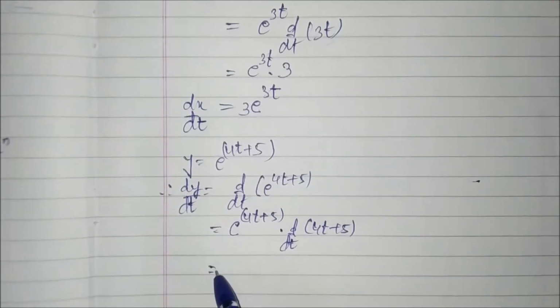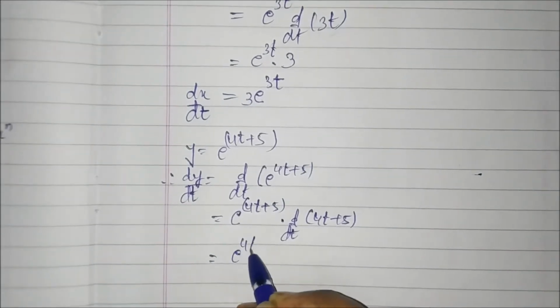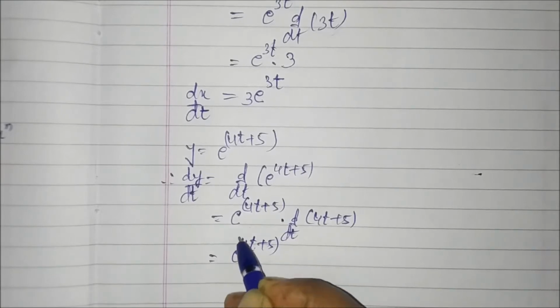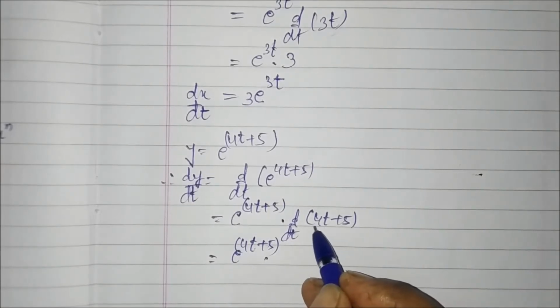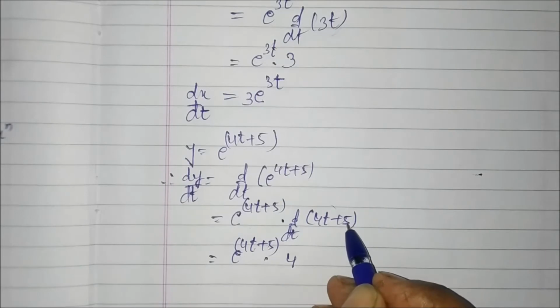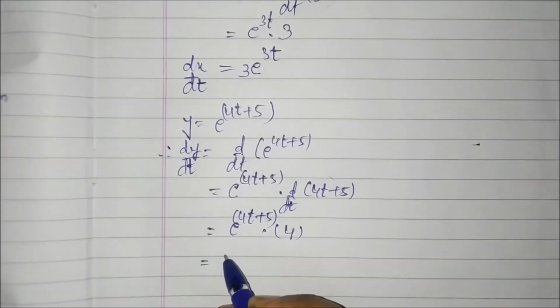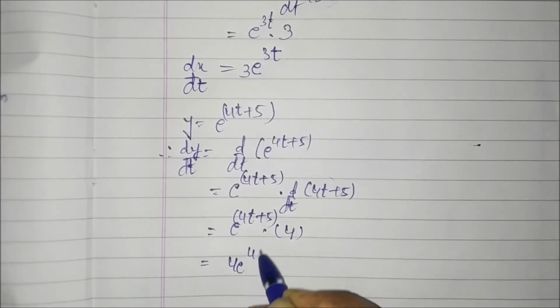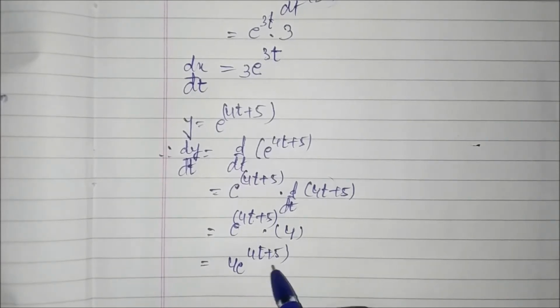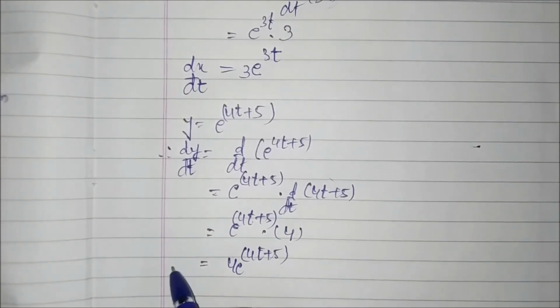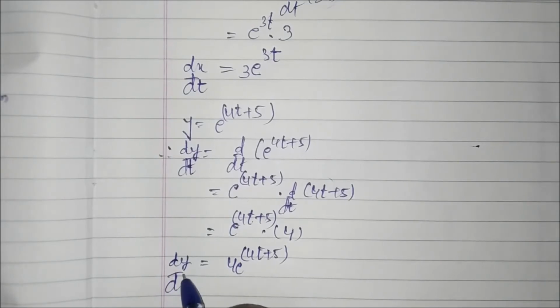It will come e raised to 4t plus 5 into the derivative of 4t, which is 4, and the derivative of 5 is 0, so it will be 4 only. So we get 4 e raised to 4t plus 5. This is your dy by dt.